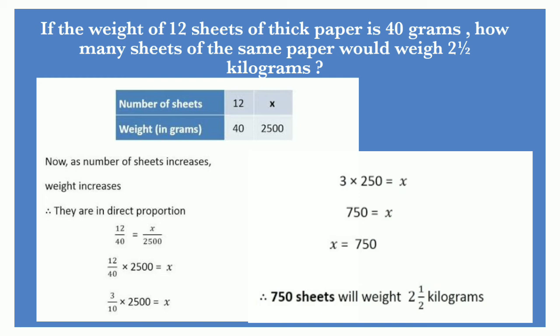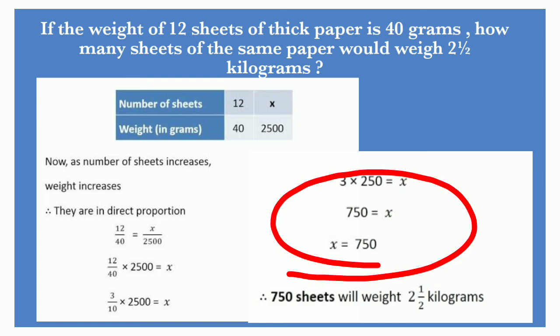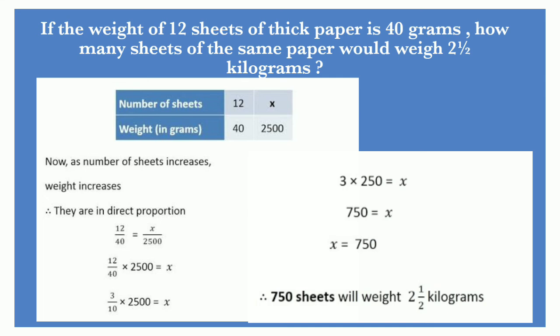Then cross multiply, you will get x is equal to 12 into 2500 divided by 40. And after the cancellation, you will get x is equal to 750. That means, therefore, 750 sheets will weigh 2.5 kilogram.